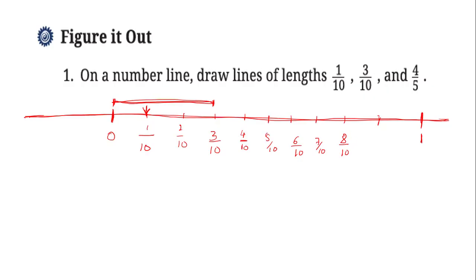Here, 2 fours are 2 fives are, that means 4 by 5. This is 4 by 5. Yes.